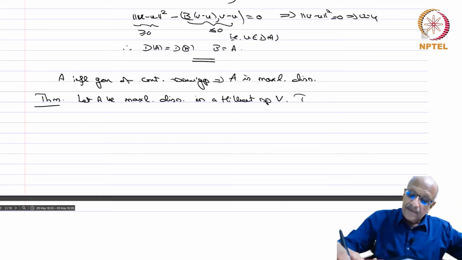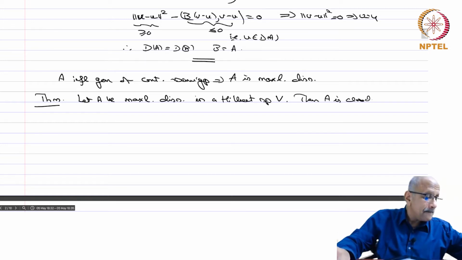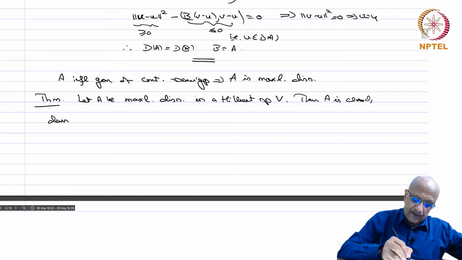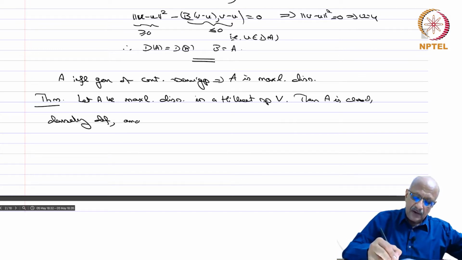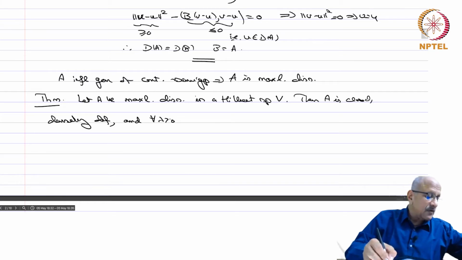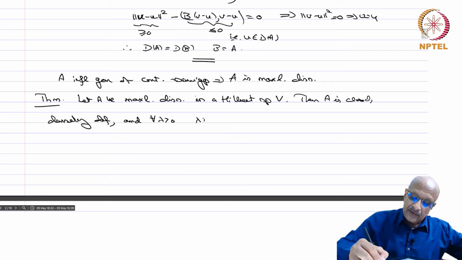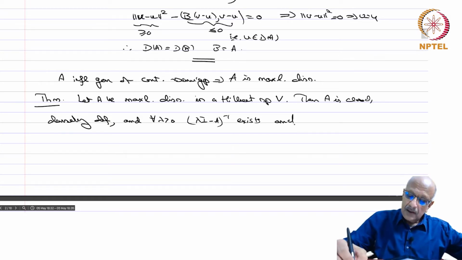Okay. Then A is closed, densely defined, and for every lambda positive, (lambda I minus A) inverse exists and the norm of (lambda I minus A) inverse is less than or equal to 1 over lambda.